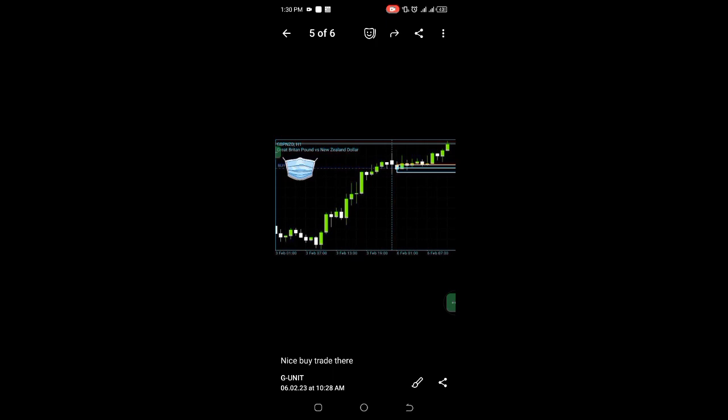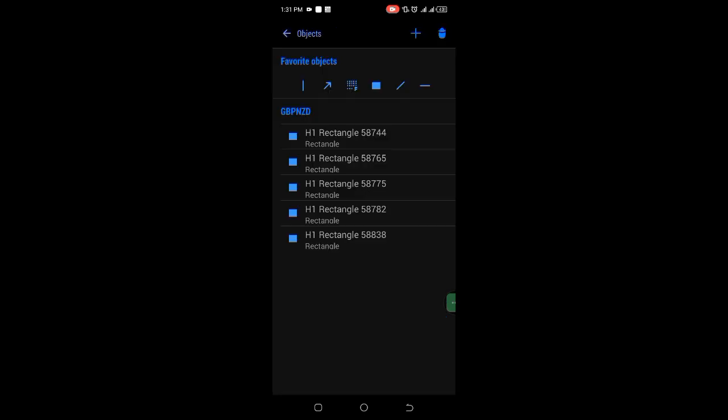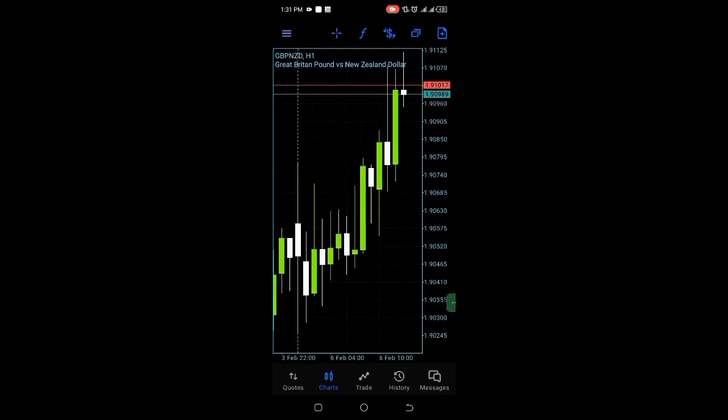I was on a buy on this, and it played out very well. As price played out, it kept printing more engulfing candles. That is more opportunities for you to jump in on the trade. So every time you see an engulfing candle, better be happy about it.